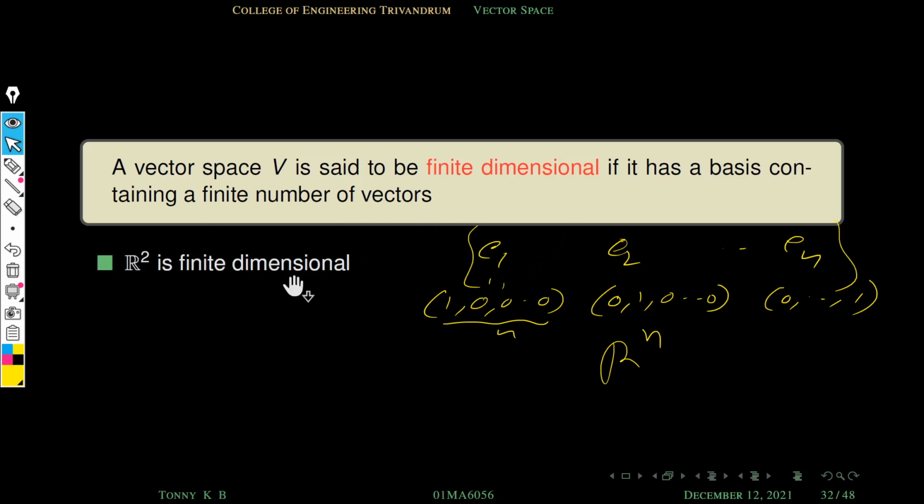For example, R square is finite dimensional because R square has a basis containing 2 elements, at least our standard basis. Similarly, Rn is also finite dimensional because Rn has a basis containing E1, E2, etc., En. This is a standard basis of Rn. So Rn is also finite dimensional.